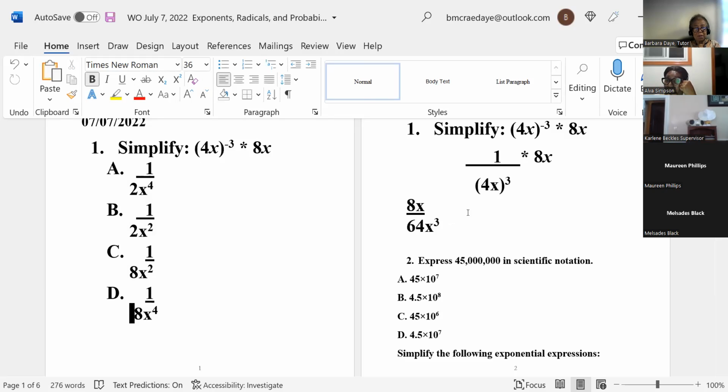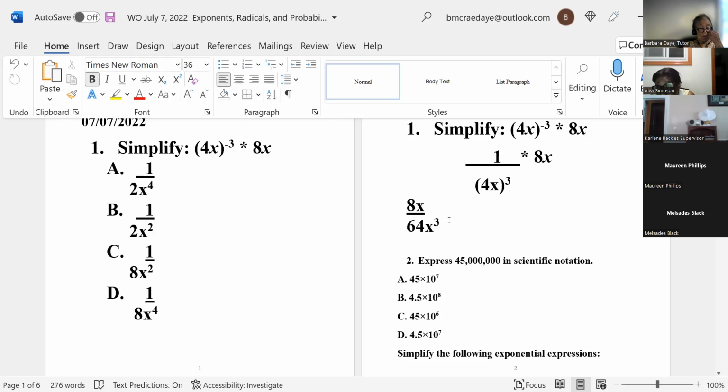In other words, I'm asking what's the greatest expression, and here you've got a variable and a number, that you can divide into 8x and also divide into 64x to the third. So what do they have in common? They have an 8 because 8 goes into 64 8 times, and they have x in common, right?